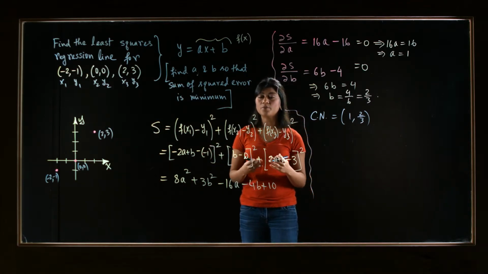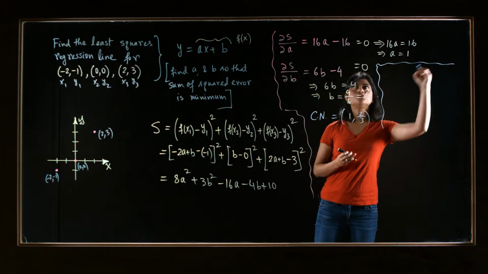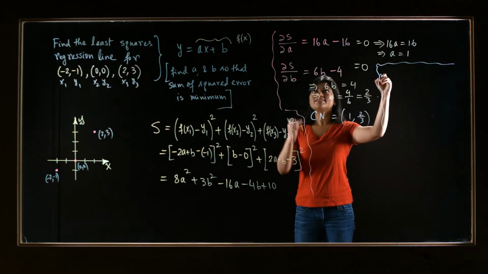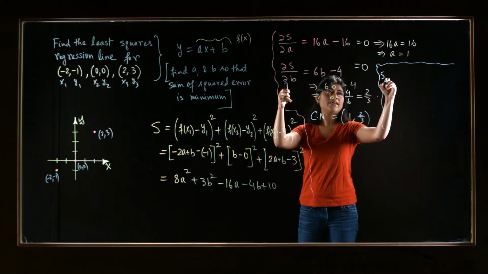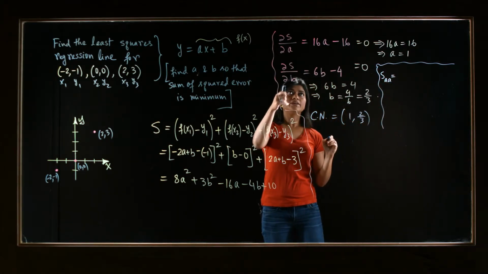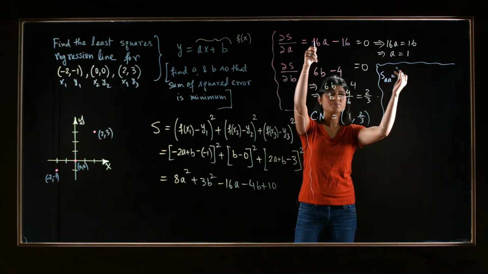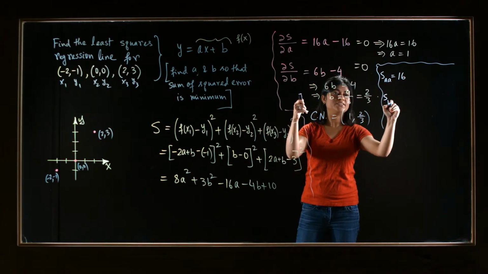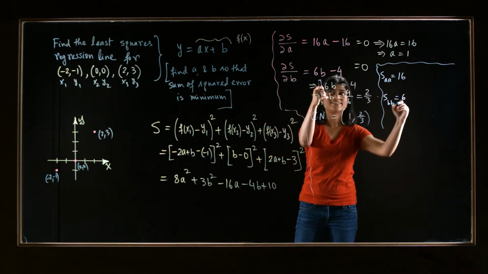If you want, you can quickly check if this will give us a minimum for the function. You can do a second partial test if you want. So quickly, let's do it here. So what about the second derivative? So let's say SAA, okay, and that's 16. That's the derivative of this expression with respect to A. Then SBB is the second expression with respect to B, that's just 6.